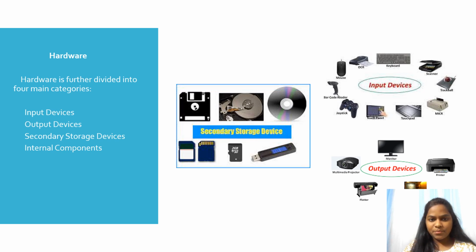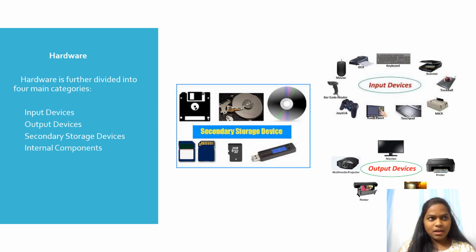Let's take some examples of hardware devices: hard disk, monitor, CPU, scanner, printer, etc. Keyboard, mouse, and scanner are some examples of input devices, and printer, monitor, and headphones are some examples of output devices.